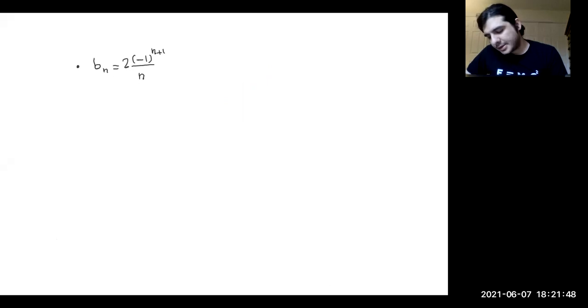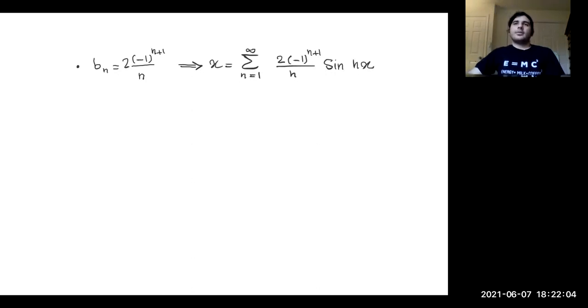So the Fourier series for x would be the sum as n goes from 1 to infinity of Bn, which is 2 times minus 1 to the n plus 1 over n, sine of nx. So let's go back to our equation. What was our equation?